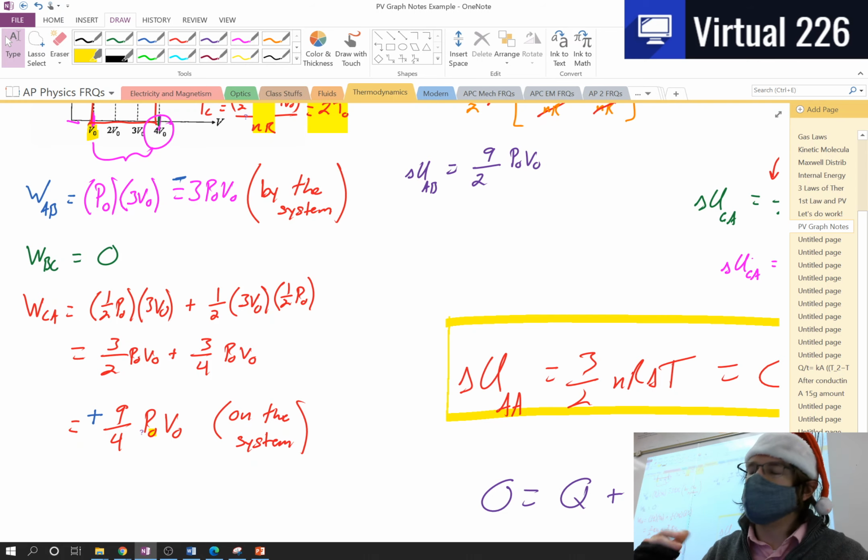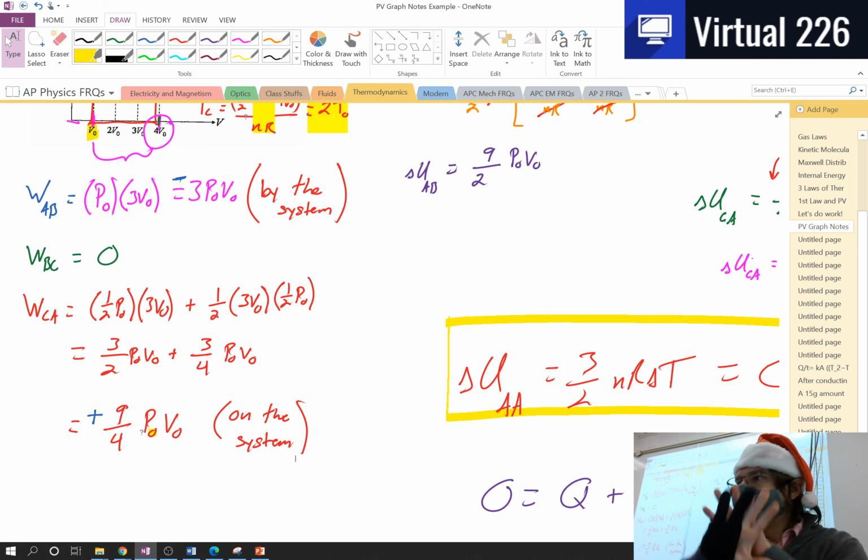But next to it, just write the three words, by the system, or work is done by the system, if you want to be a little longer, or on the system. Because that right there universally dictates what is happening with these thermodynamic processes and where that work is coming from. Okay? So that's very important there.